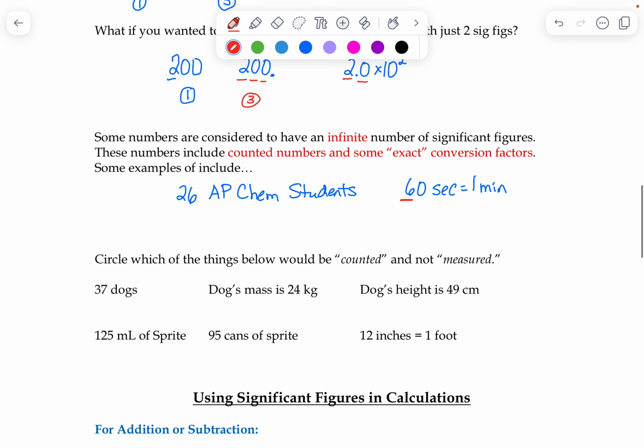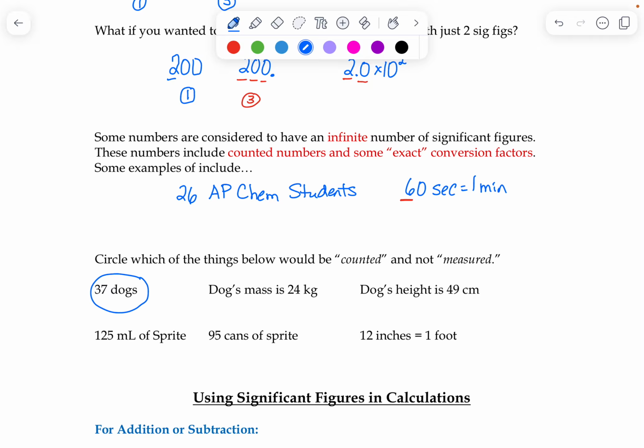So if we were to look below, which of these are considered counted numbers, things that would have infinite sig figs? You can count how many dogs there are in a room. You don't need a ruler, you don't need a balance, you don't need a graduated cylinder.